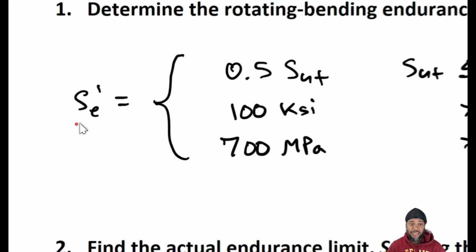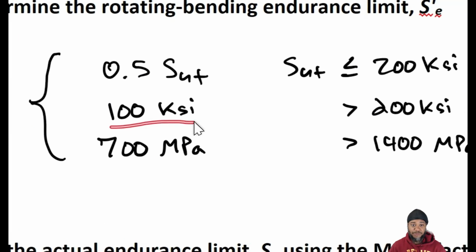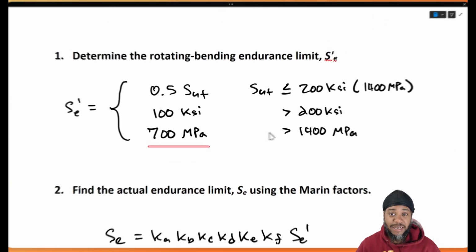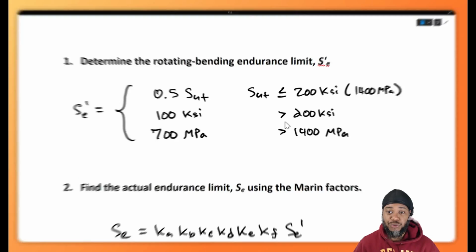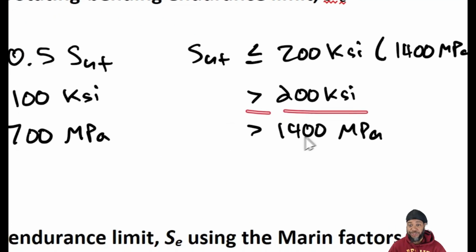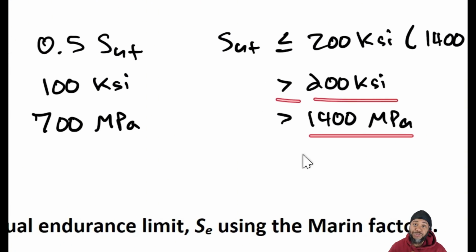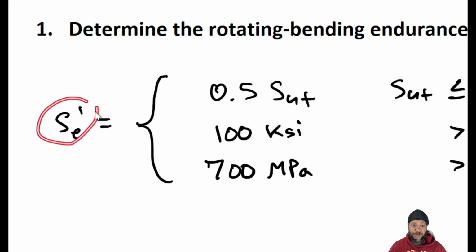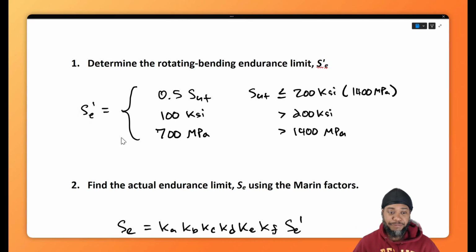And we set the S prime E to 100 KSI or 700 megapascal if the ultimate tensile strength is greater than 200 KSI or 1400 megapascal. So step one, get our unmodified endurance limit.